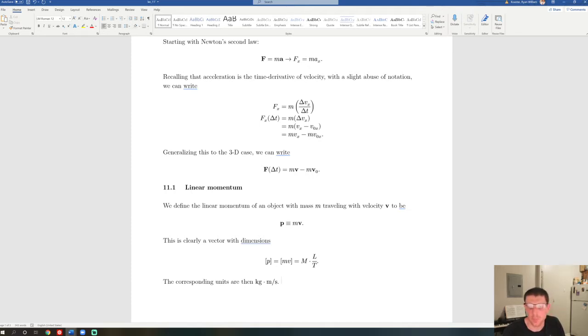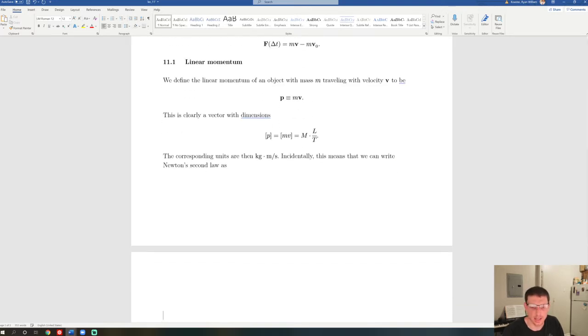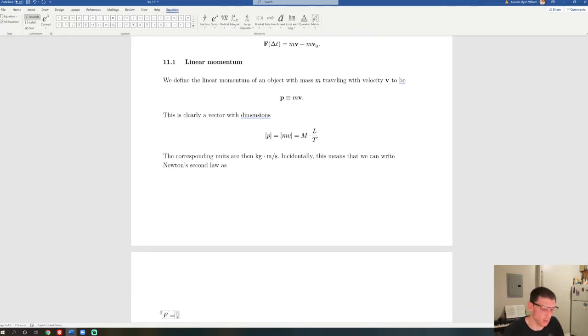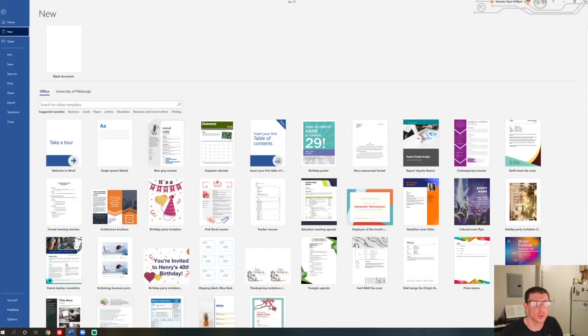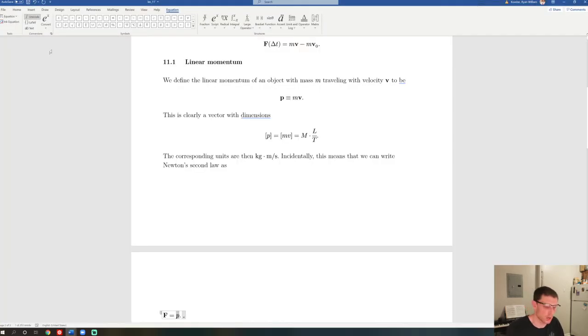Incidentally, this means that we can write Newton's second law as, and we could simply write it as, and make these into vectors, but the net force is just the time derivative of the momentum, right?